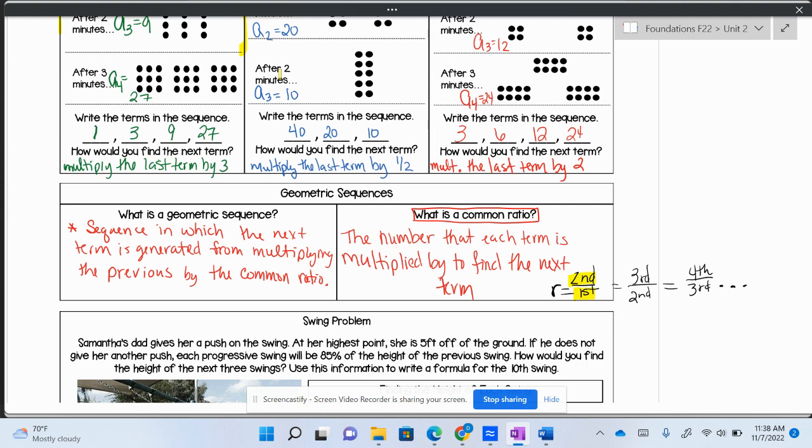Yes. If I were to take the third term and divide it by the second term, that's 12 divided by 6, which is also 2. And if I were to take the fourth term and divide it by the third term, that's 24 divided by 12, which is 2. So to find R, if it doesn't jump off the page to you, you take the last term and divide it by the one right before it. Okay? That gives you R. Are we good with that?